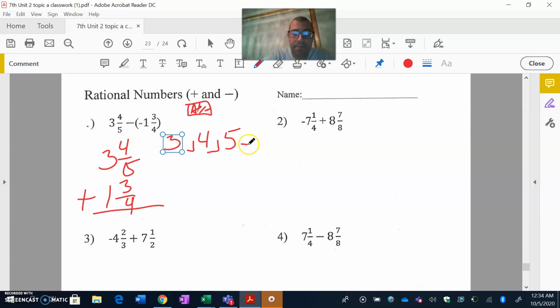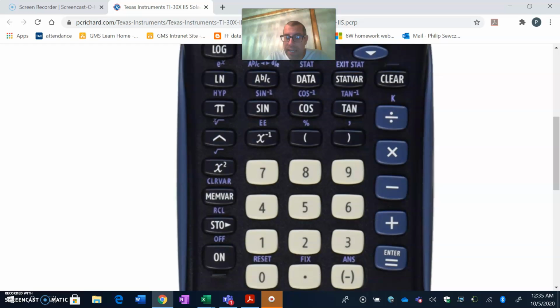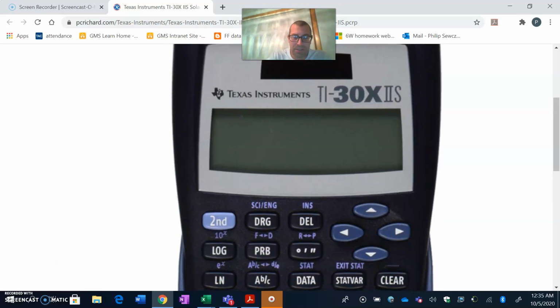And then minus, and then find your parentheses, right above your 8. And then you're going to need your negative symbol, at the very bottom, to the right of your decimal point. It's going to appear on your screen just like it looks on your paper.